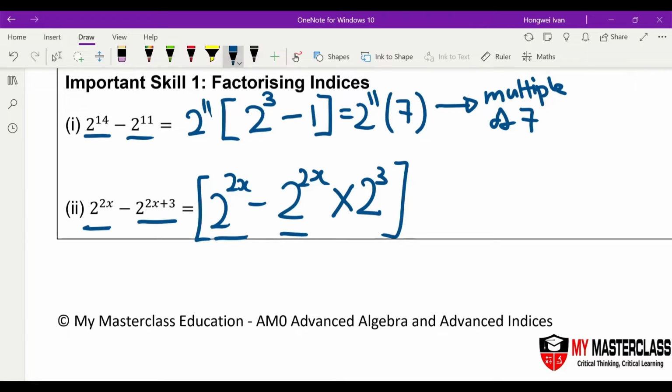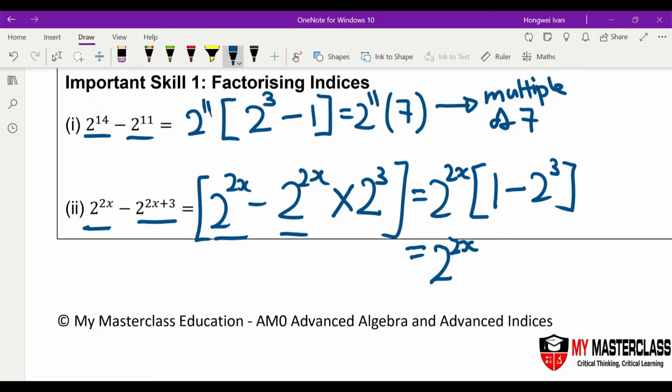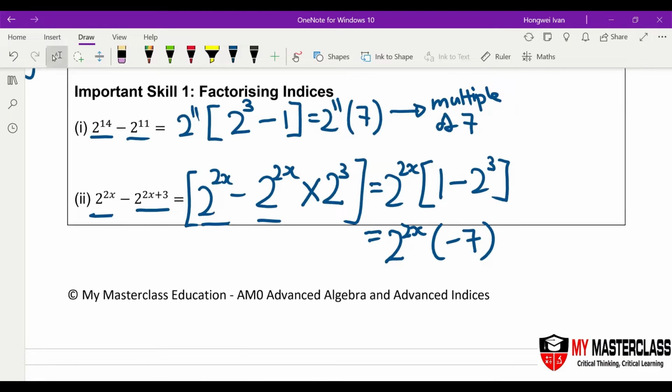Can you see these are the same? Then you can factorize out: 2 to the power of 2x, bracket 1 minus 2 to the power of 3. That will be 2 to the power of 2x multiplied by -7. Whenever you see indices plus or indices minus, there's only one way of doing it, which is factorizing the indices out.